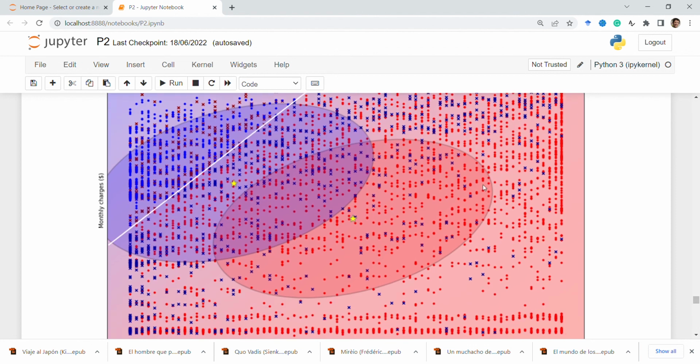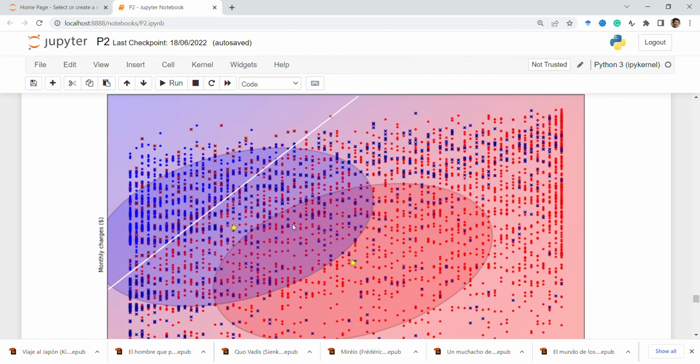In linear discriminant analysis, the Gaussian has the same variance for both, so these two ellipses are the same, and then we calculate the frontier at which it is more likely that you belong to the blue class than to the red class. So these people here are more likely to leave the company.